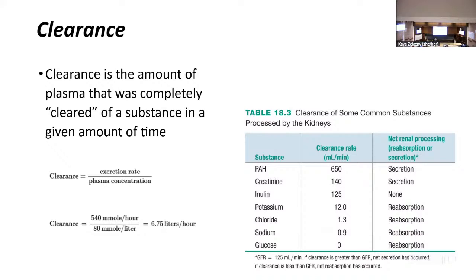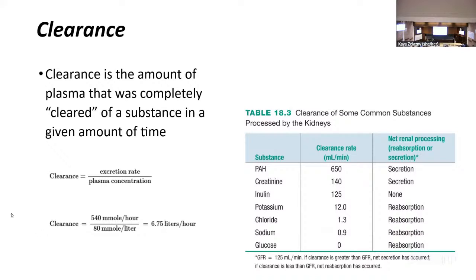Now, this is not an actual chunk of blood that you could put into a bucket. This is kind of an imaginary amount of blood. Sometimes it will be more than potentially all the blood in your cardiovascular system, depending how fast we're clearing something.